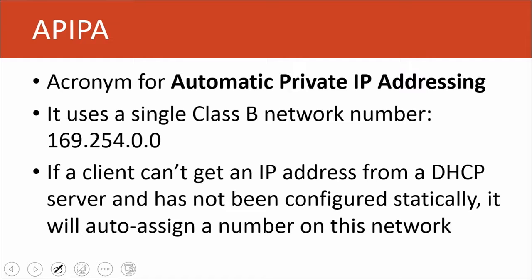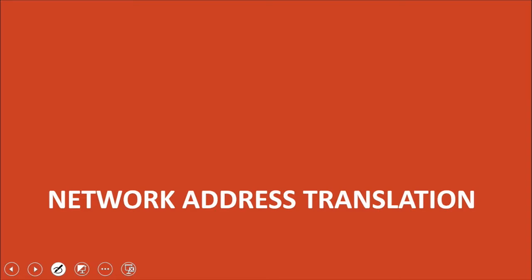So it'll have an address within the 169 range. This is useful because if your computer can't access the internet, or there's something wrong and you can't automatically obtain an IP address, then you're going to self-assign an APIPA address, and that'll allow you to communicate with all the other devices on your local network.